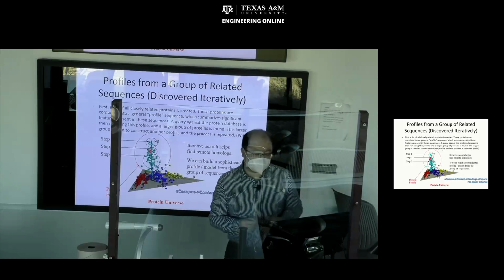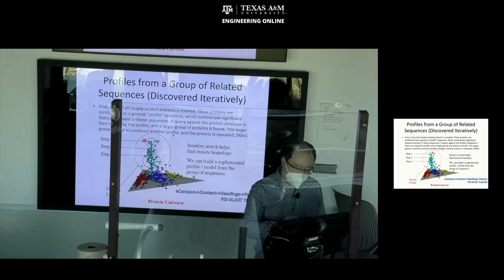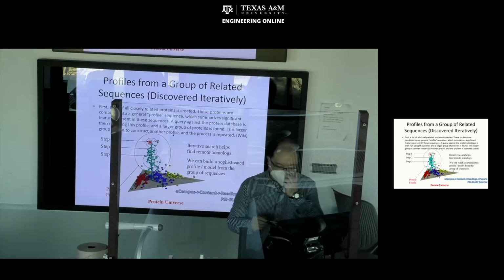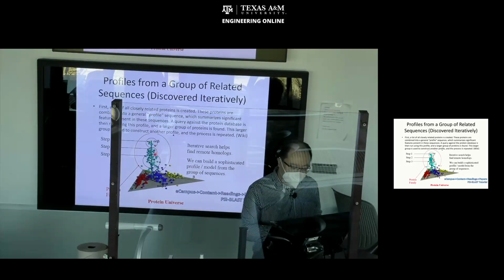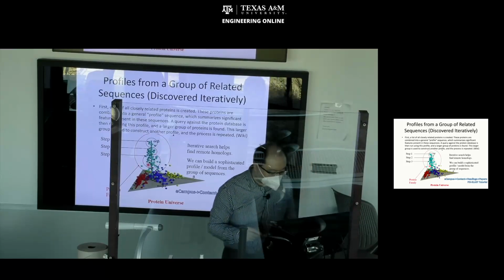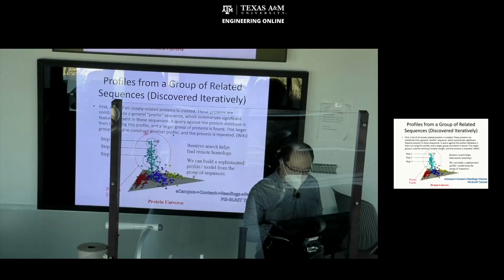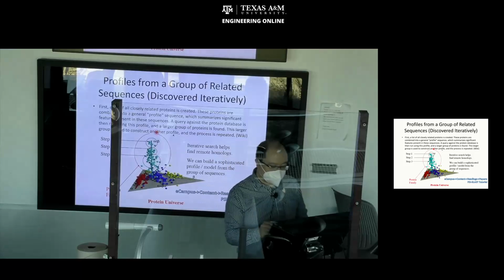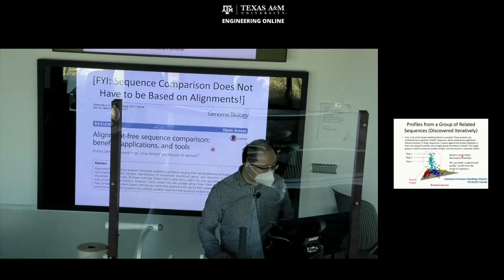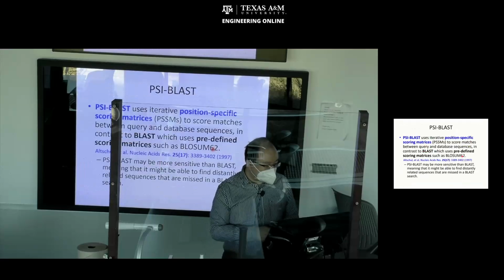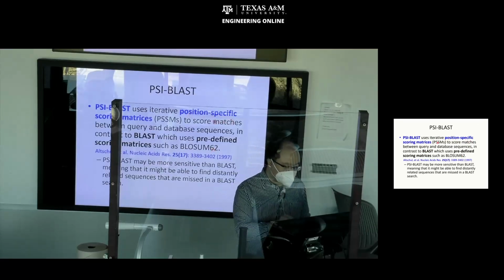Now you have expanded your family from step 1 to step 2, and you can update your scoring matrix, which probably allows you to find even more distant homologs going this way. In the end, you are probably able to find the whole protein family for that query sequence. So that's what the iterative search is for. So if you think about what PSI-BLAST is called, PSI-BLAST is called position-specific scoring.